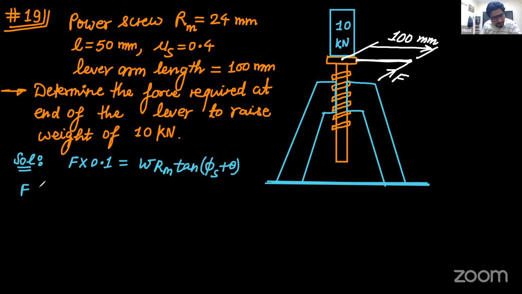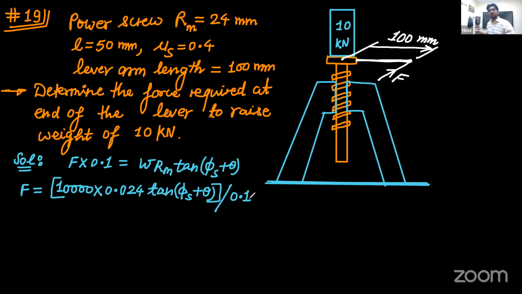So F will become equal to W, which is 10,000 Newton, and Rm is 0.024 meter, and then we have tan of phi s plus theta, all divided by 0.1.